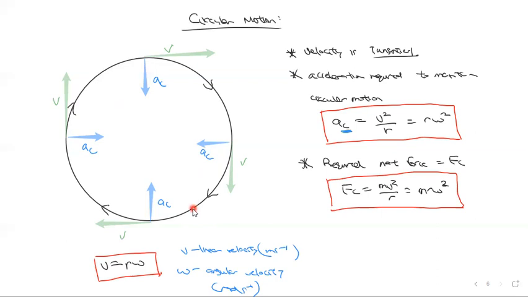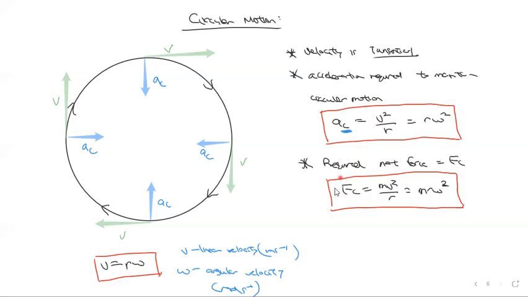But even if it wasn't uniform, and it doesn't matter whether this circle is horizontal, vertical, on an inclined plane, anything, any type of circular motion, merry-go-round, planets, you're always going to need a centripetal acceleration, which is related to the velocity and the radius. And to achieve that acceleration, you're always going to need a net force.